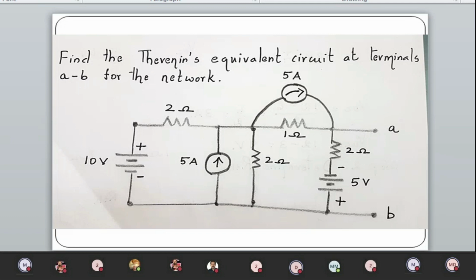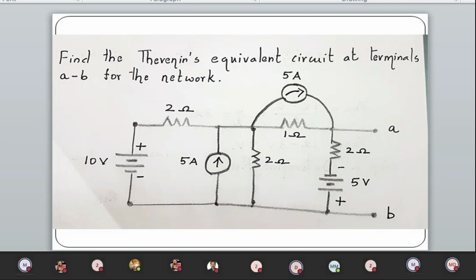To make the steps still easier, you can convert the voltage source 10 volts in series with the 2 ohms into a current source. Okay, so this we call source transformation. A voltage in series with a resistor can be converted into an equivalent current source in parallel with the same resistor, where I is equal to V by R. Right? Okay.